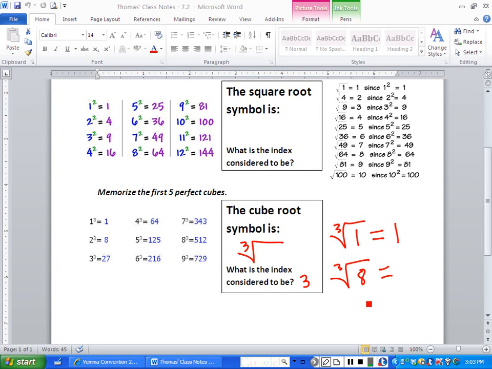What number times itself three times is 8? 2, since 2 times 2 times 2 is 8. Or what is the cube root of 27? It's 3 because 3 times 3 times 3 is 27, and so on. So be familiar with the numbers 1, 8, 27, 64, 125 especially.